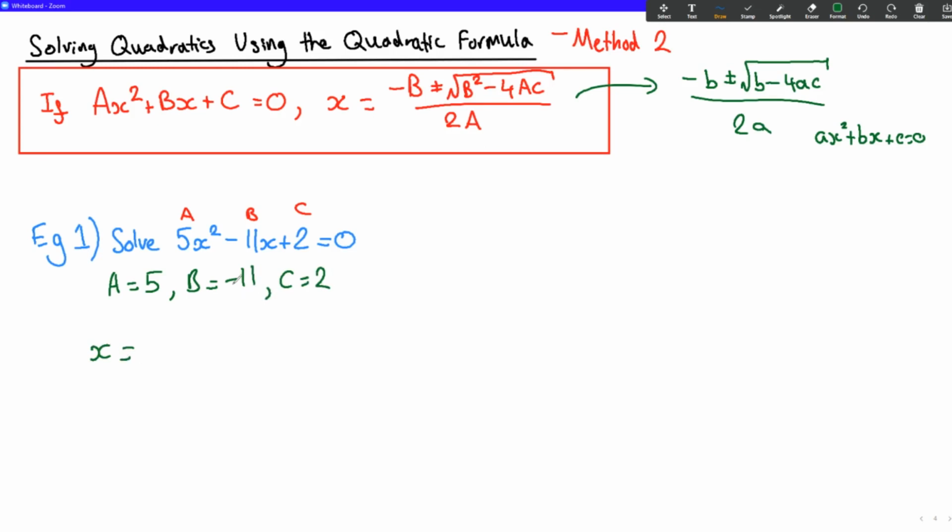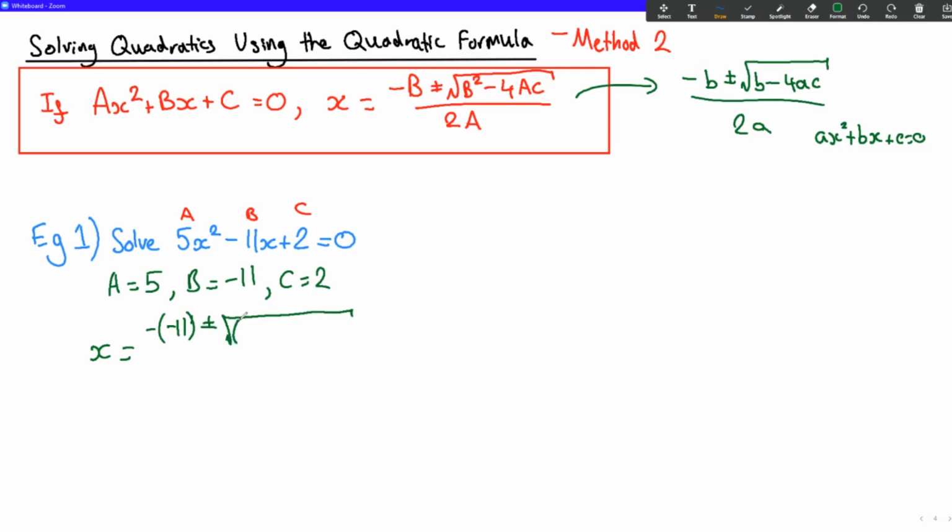Right. So negative b is minus... In fact, instead of evaluating anything right now, let's just put everything in raw. So we're just going to literally use brackets for everything. We know b is minus 11, so let's just put that in there. This plus and minus thing, I'll touch on that later.